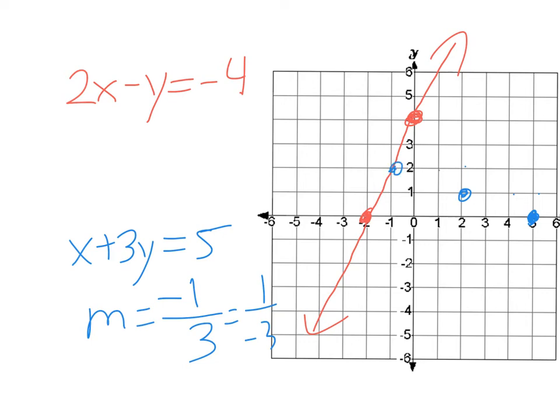And when I draw my graph, I find that there actually is a meeting point. It crosses right there, which is the point (-1, 2). How many people got (-1, 2)? Awesome.